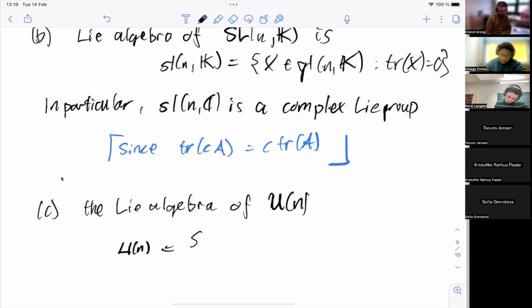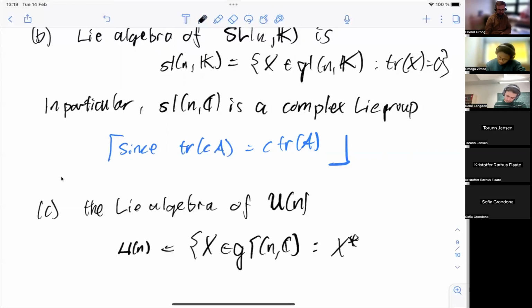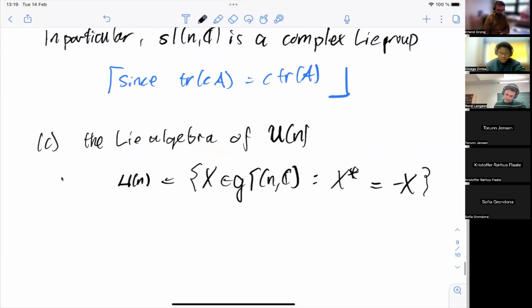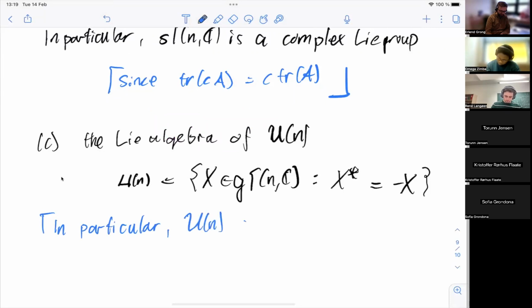That will consist of all complex matrices with X star being equal to minus X. So that gives us a Lie algebra. So then, in particular, U(n) is not a complex Lie group.